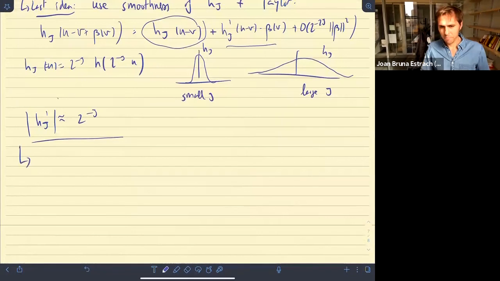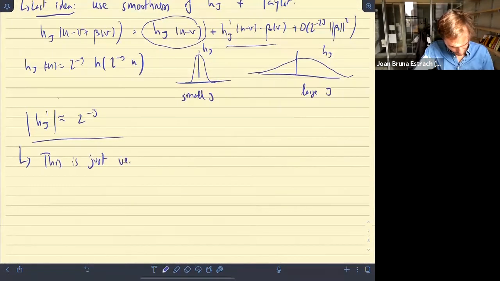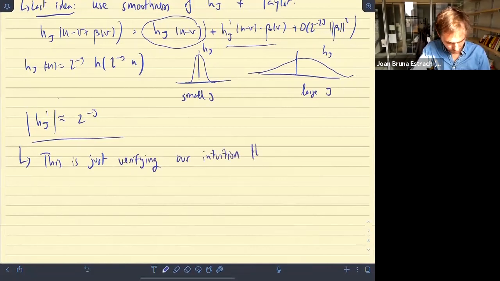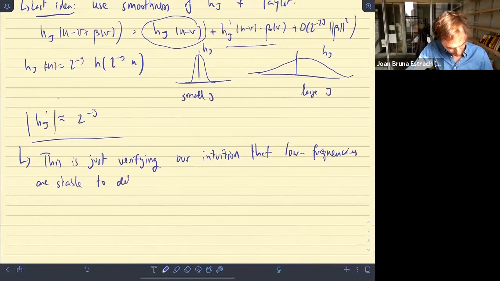So again, this result is just verifying our intuition that low frequencies are stable to small deformations.